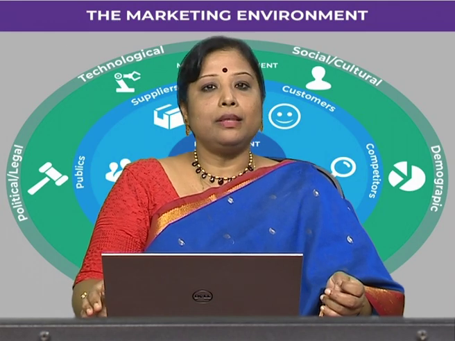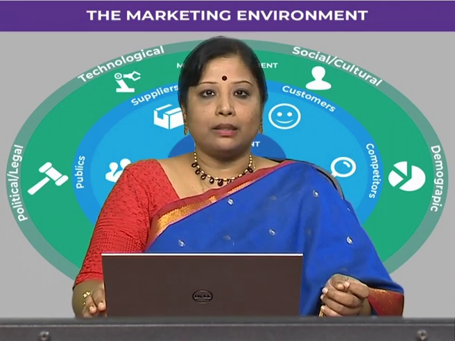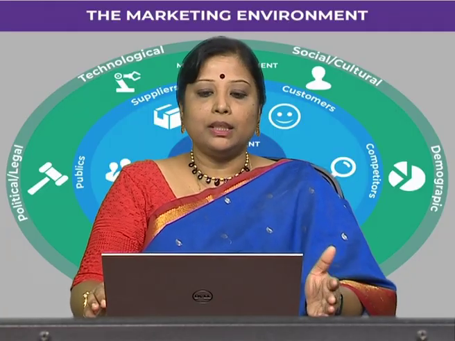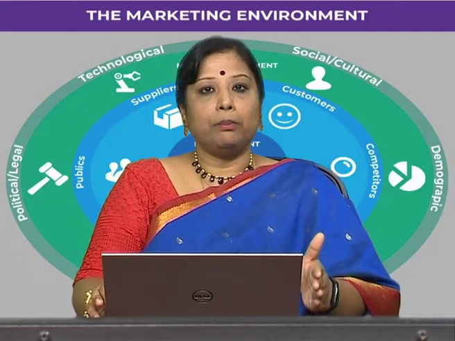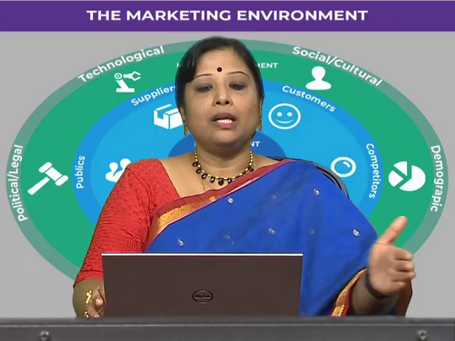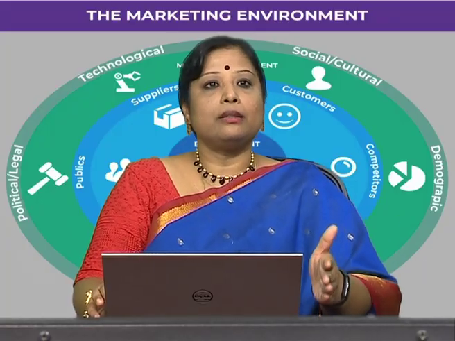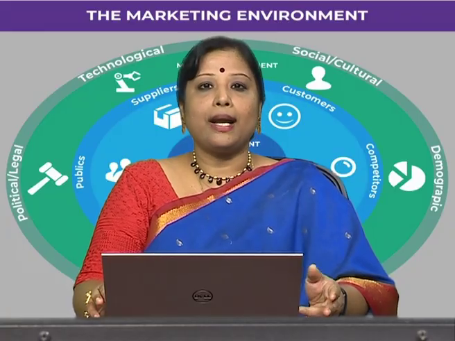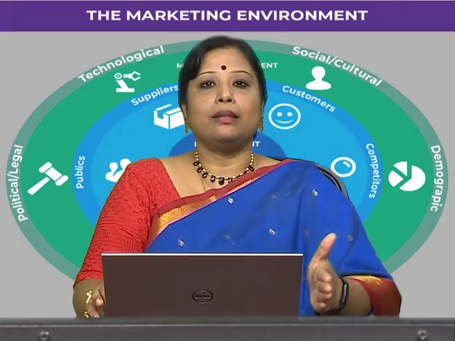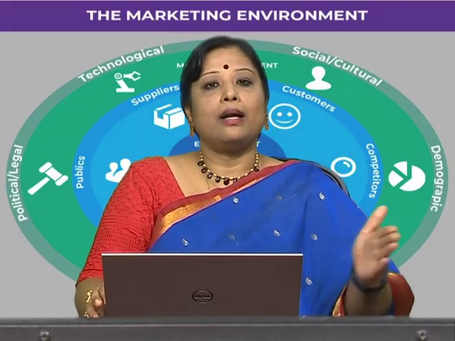The third element in the micro environmental factors, my dear students, are the marketing intermediaries. These intermediaries are those people who help us to connect the producer and the seller. So, these are the firms which act as a channel, or they are in between the producer and the consumer, or the seller and the buyer.